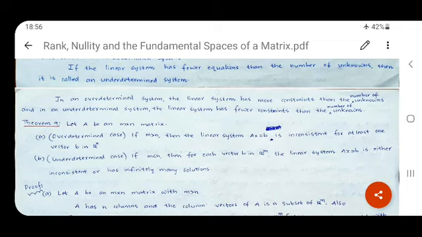And similarly, given an underdetermined system, then for any vector in Rm, the linear system is either inconsistent or it has infinitely many solutions. So if it is underdetermined, then there are two extreme possibilities. Either it will be inconsistent, or if it is consistent, it has infinitely many solutions.